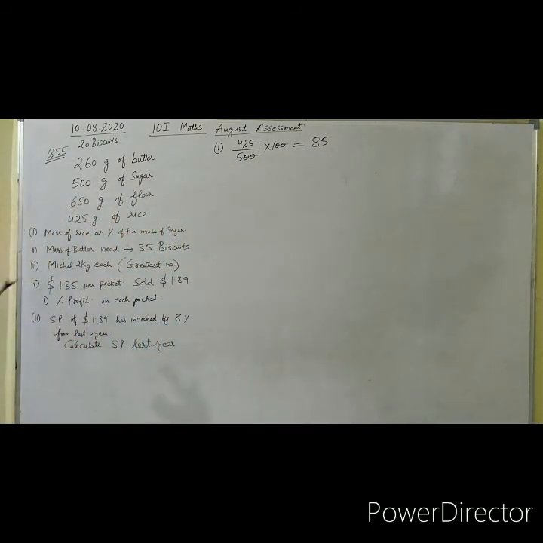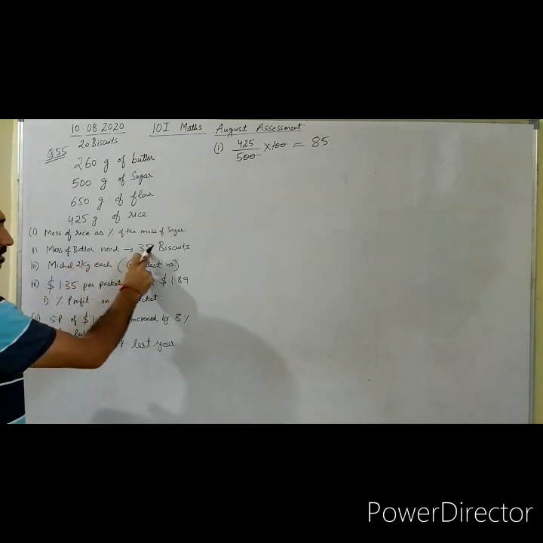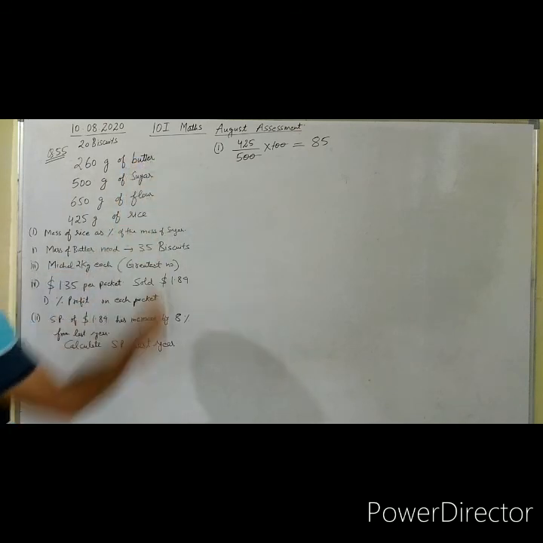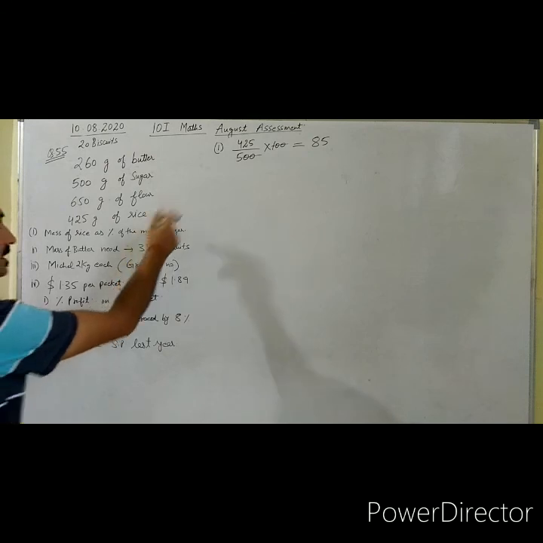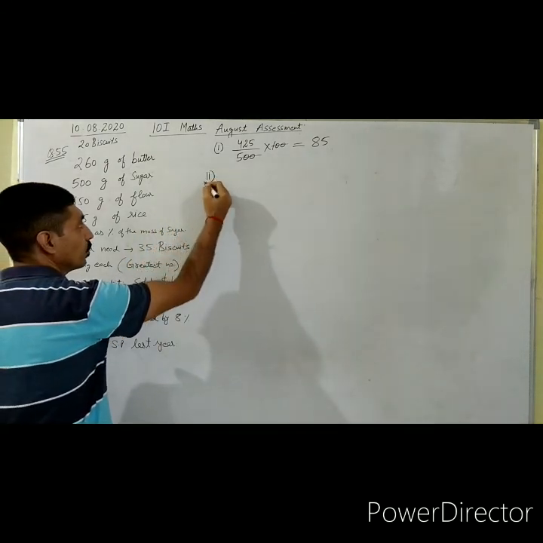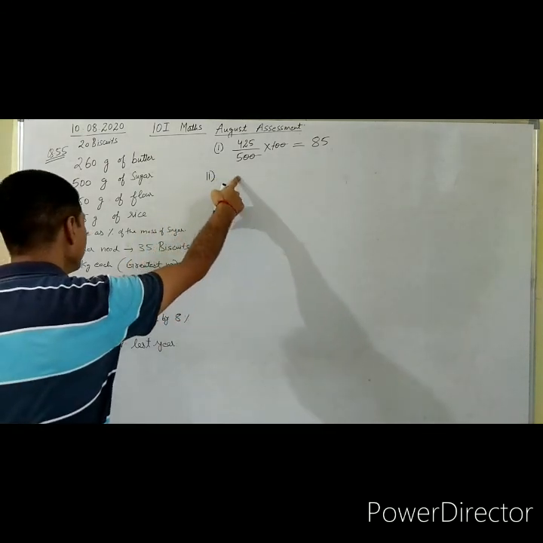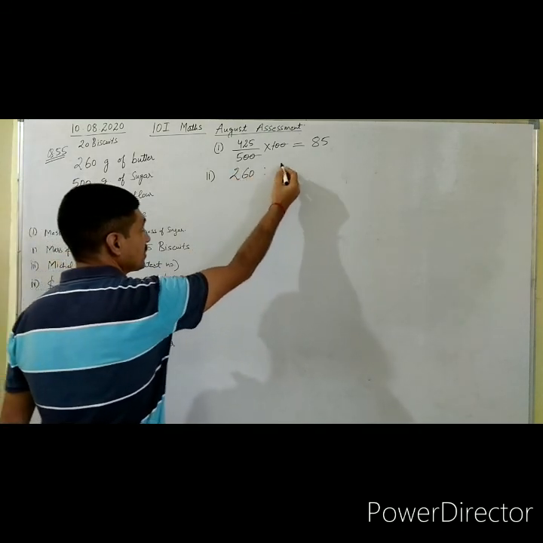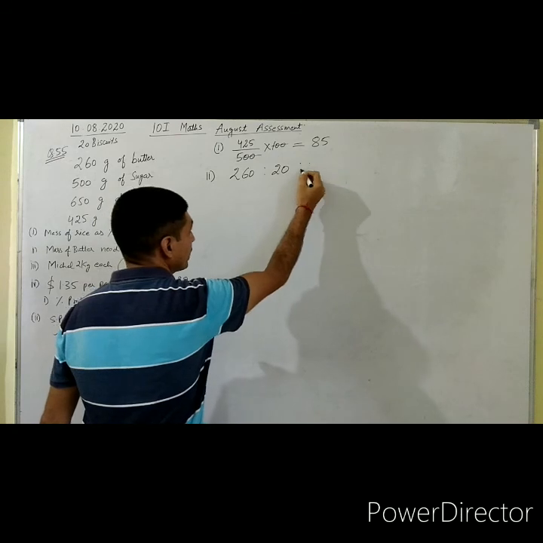Second one, the mass of the butter needed for 35 biscuits. For 20 biscuits, how much butter is required? 260. So for 35, the second part: 260 grams of butter is for 20.